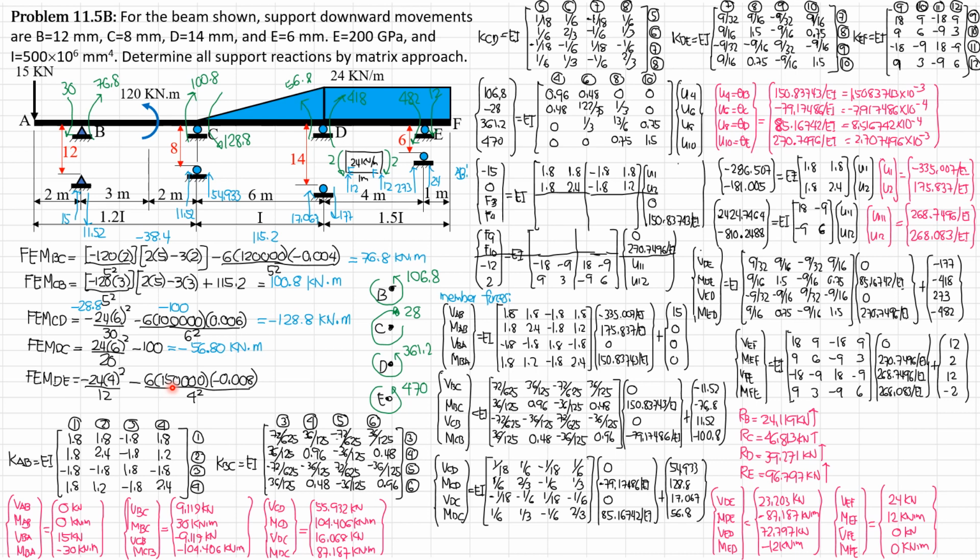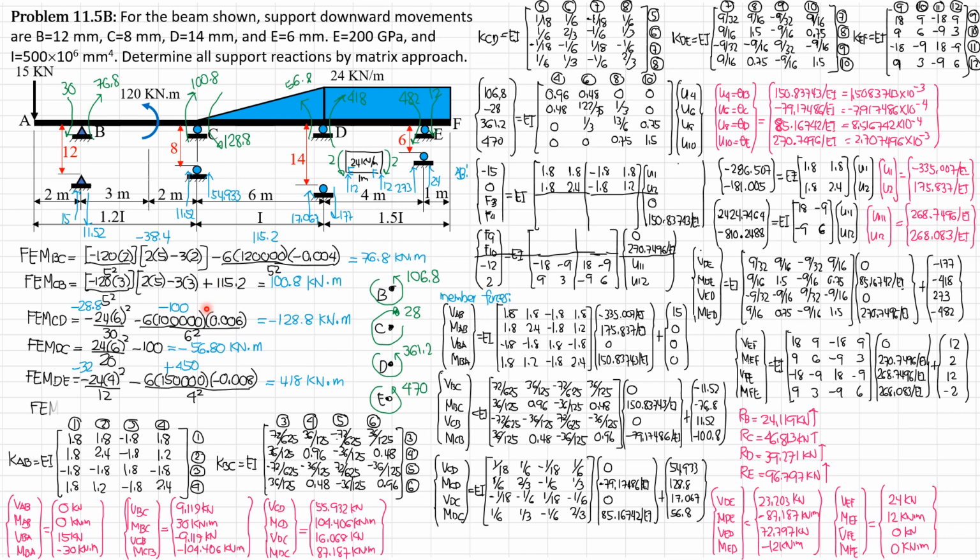So negative 6, EI is 150,000 because I is 1.5 of I here. Then negative 0.008 over 4 square. That would be negative 32. This one is 450. 450 minus 32 is positive 418, and it should be clockwise as shown.